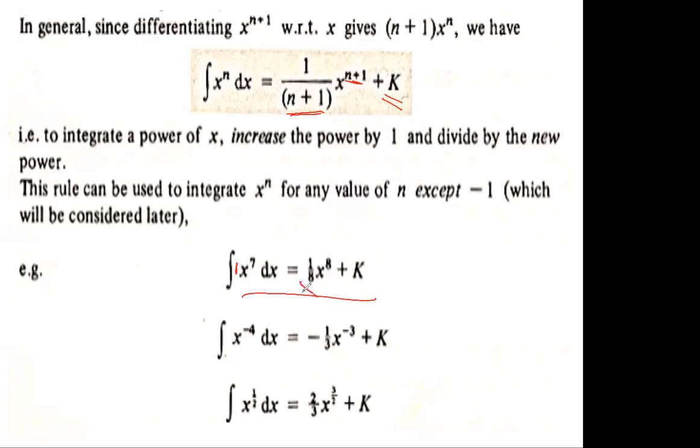Right? If the power is negative, no need to worry. You do the same thing. Add 1 to the power, becomes -3. You divide the 1 in front here by -3. You have -1/3. And don't forget, you notice k, right? Your constant of integration.